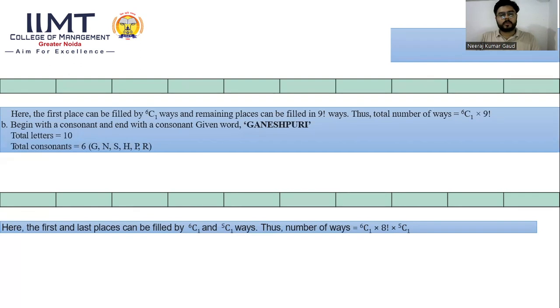Thus the total number of ways is 6C1 into 9 factorial. Part B, begin with a consonant and end with a consonant. The given word Ganeshpuri, the total letters is 10, total consonants is 6. So here the first and the last place can be filled in 6C1 and 5C1 ways. Thus the total number of ways is 6C1 into 8 factorial multiplied by 5C1.